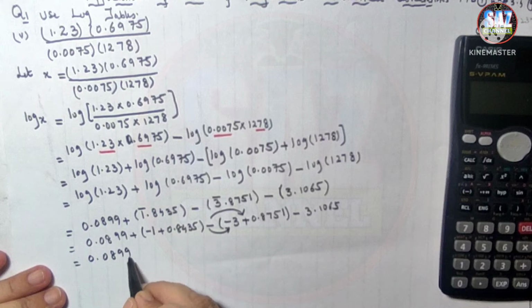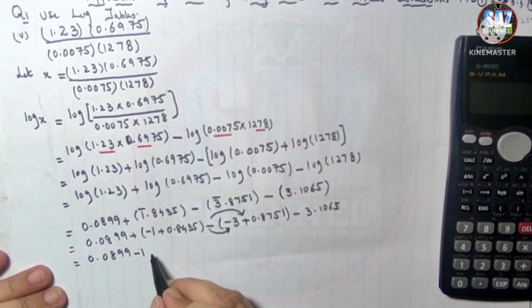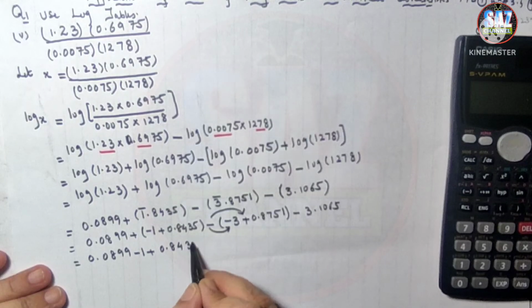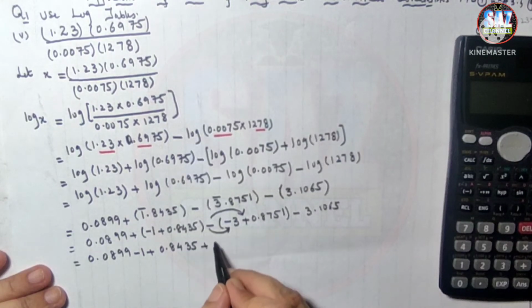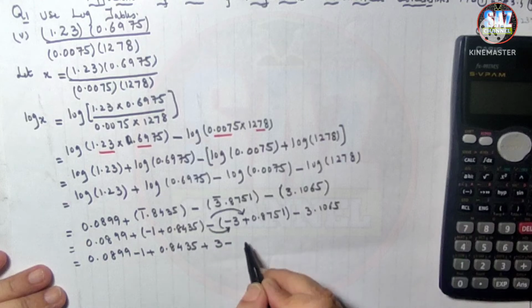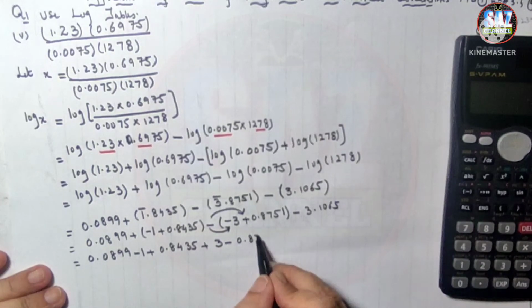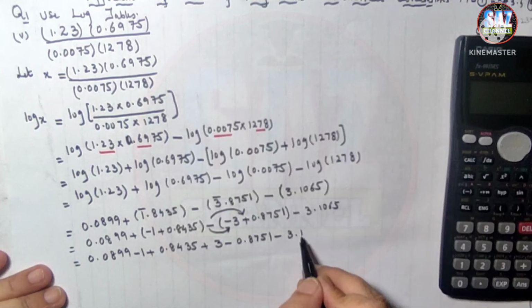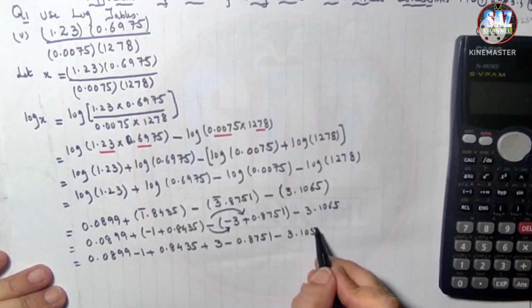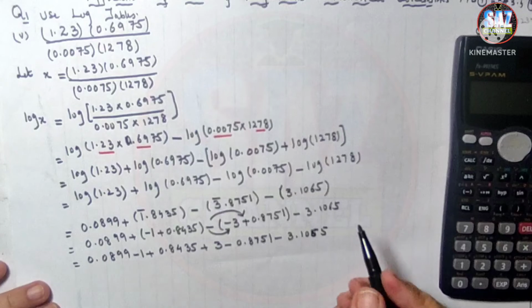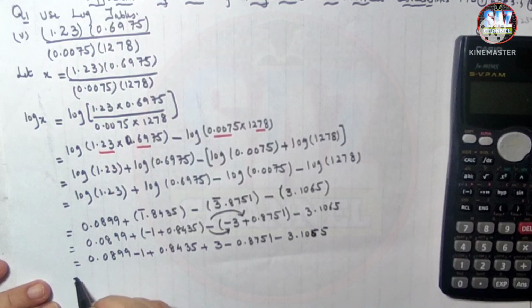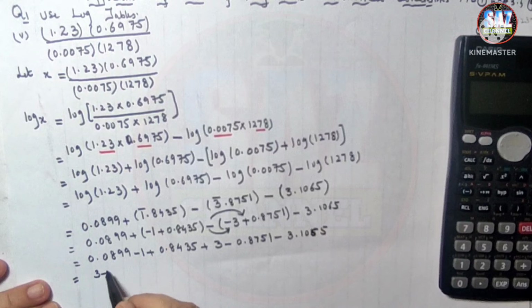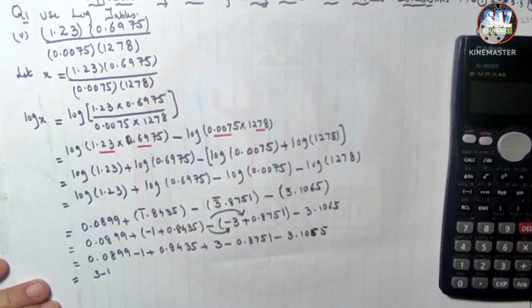0.0899 minus 1 plus 0.8435 plus 3 minus 0.8751 and minus 3.1065. Okay, now what we can do is that this is 3 minus 1. Let me hold the pencil.